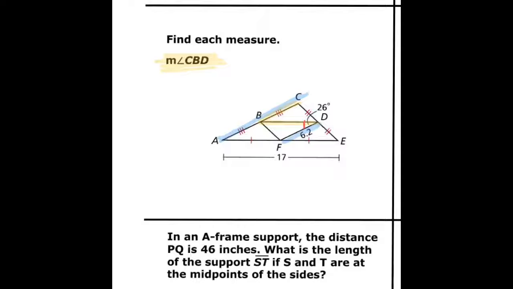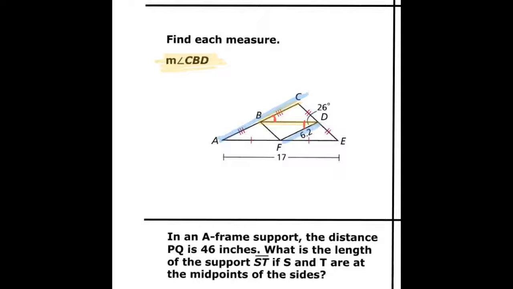If I can really focus on the lines that I've highlighted in blue as two parallel lines, and I consider this segment here, BD, as a transversal between those two parallel lines, I can use the 26 degrees they gave me and start talking about alternate interior angles.